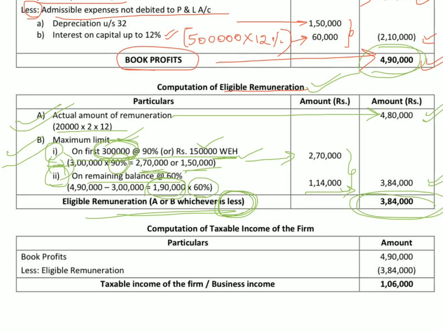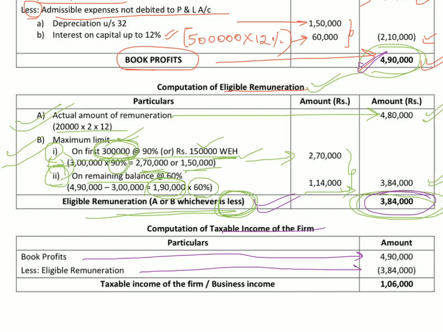Okay, now let's compute the taxable income of the firm. Now we have a book profit of rupees 4,90,000 in the problem. We have eligible remuneration of 3,84,000.